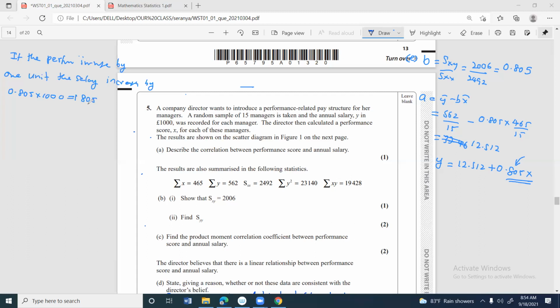That's a simple answer for this. That's a description of this figure. Okay, so with that, you can get the answer for that.